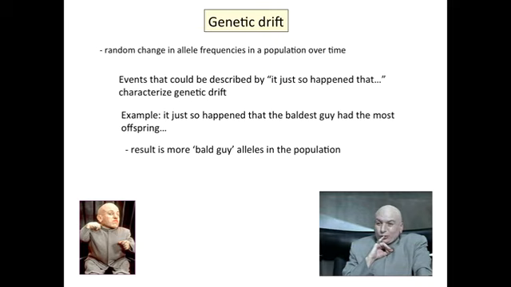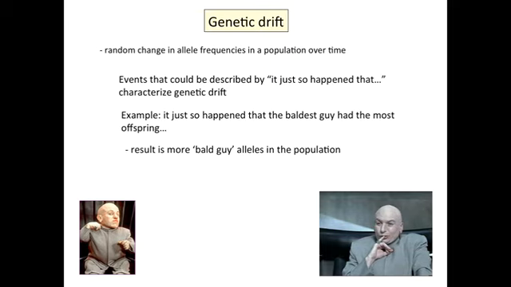The next element of microevolution that I want to talk about is called genetic drift. Genetic drift is an interesting type of change in allele frequencies. What's interesting about it is that it's totally random.